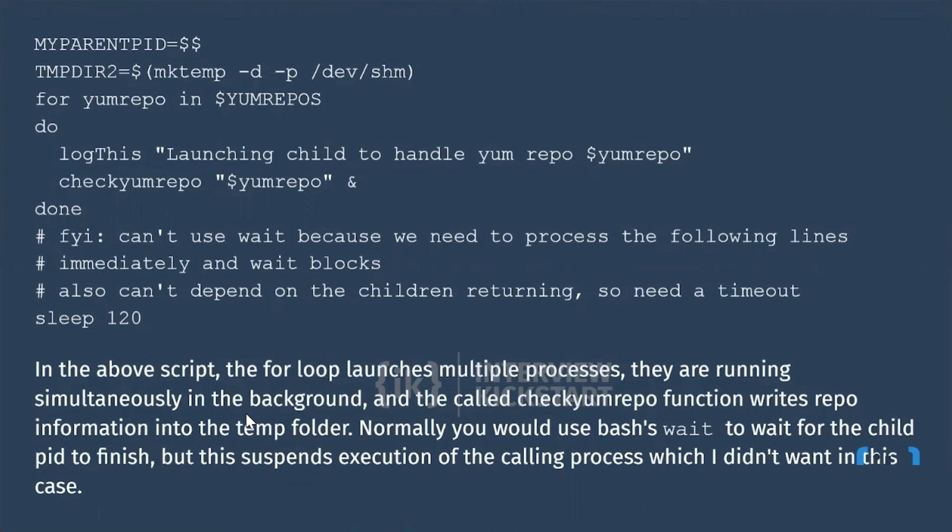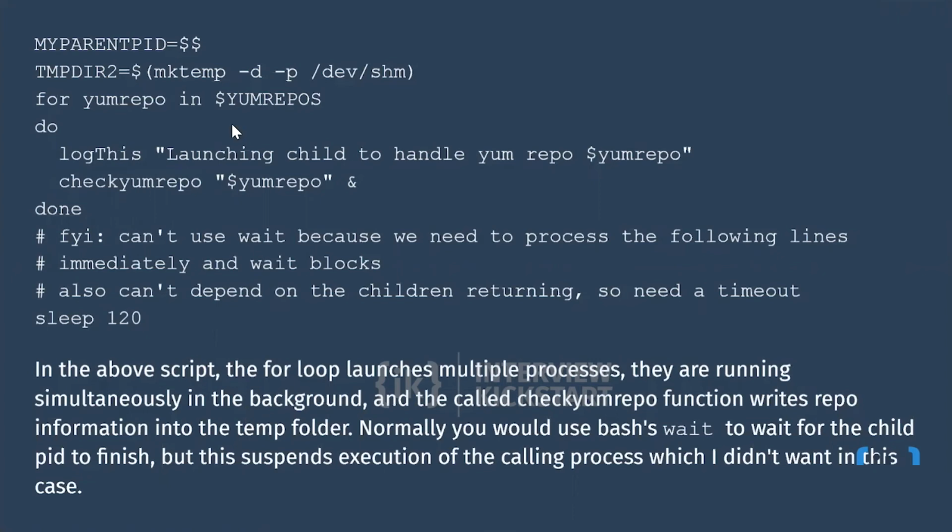I can't remember what I was checking for, I think to make sure that it was healthy or something. But the point is that I wanted to do it simultaneously on a whole bunch of yum repos at once, because they're independent of each other. So I could handle them all, like 20, 30, 50 of them at the same time.